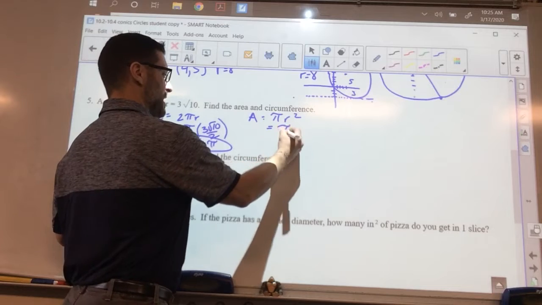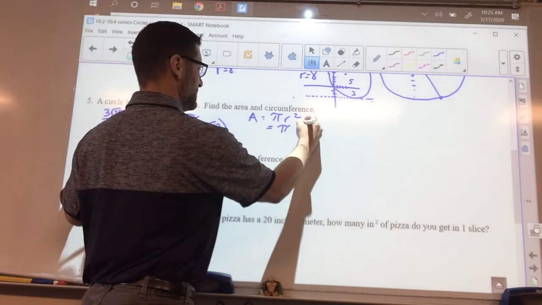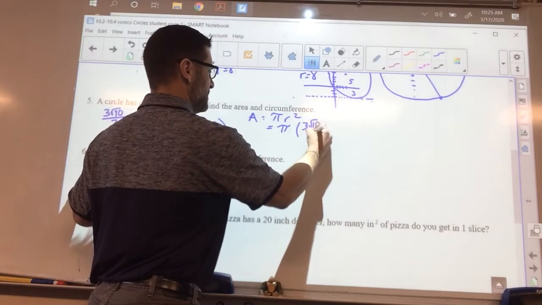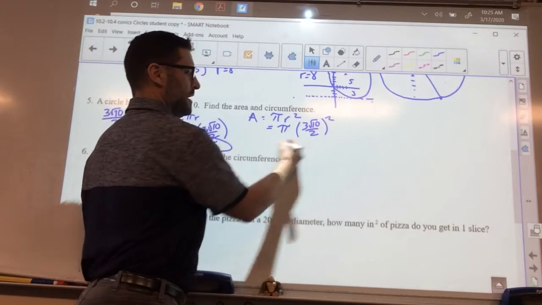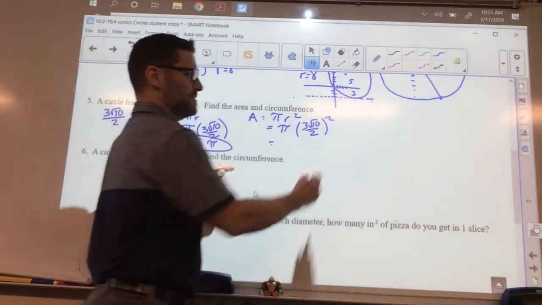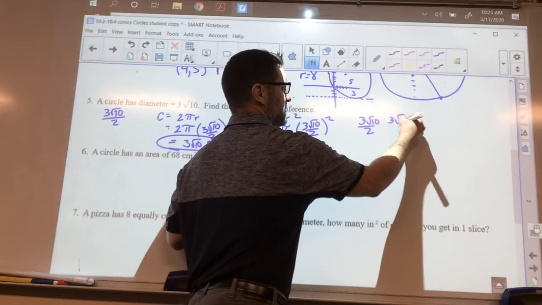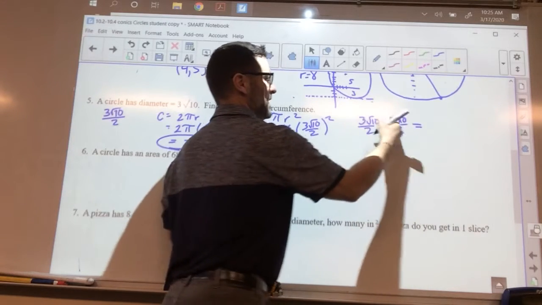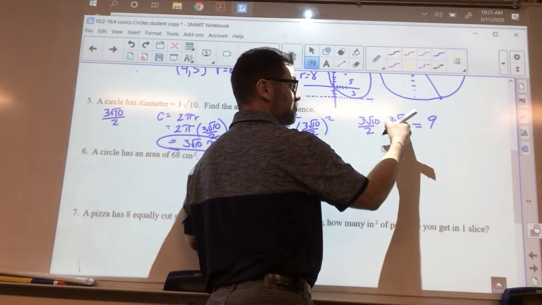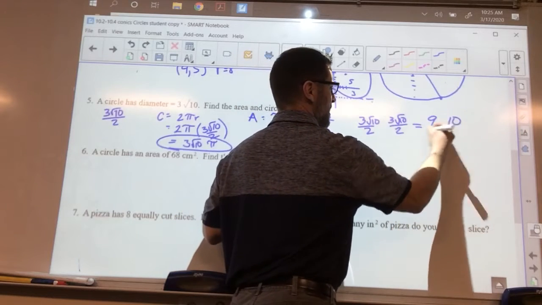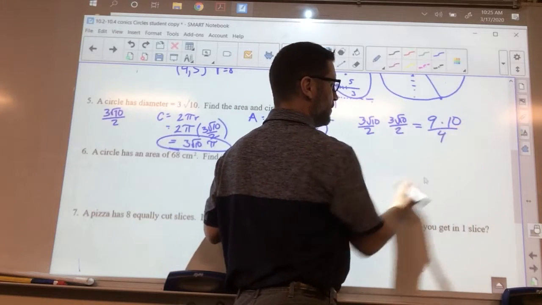Also, I'm going to go pi. My radius squared is 3 radical 10 over 2 squared, and I guess let's do it. 3 radical 10 over 2 times 3 radical 10 over 2. 3 times 3 is 9. Root 10 times root 10 is 10. All over 2 times 2 is 4.